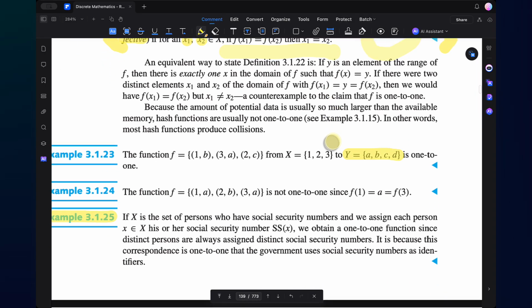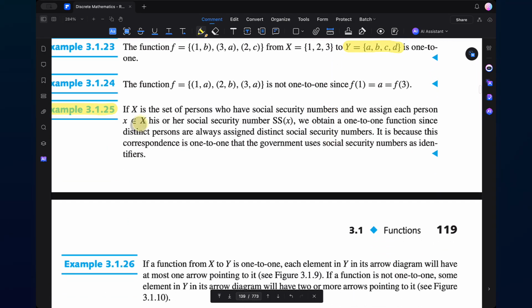We will use this little example: if X is a set of people who have social security numbers, and we assign each person x his or her social security number, SS of x, we obtain a one-to-one function since distinct people are always assigned distinct social security numbers.